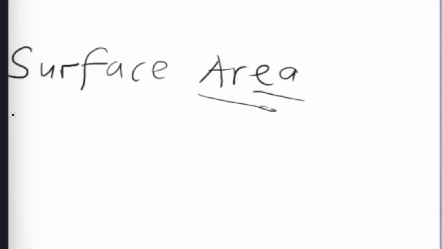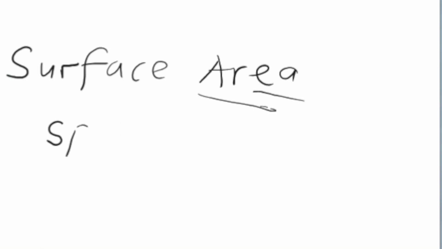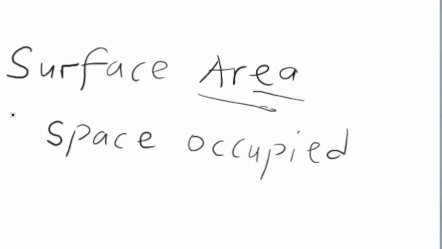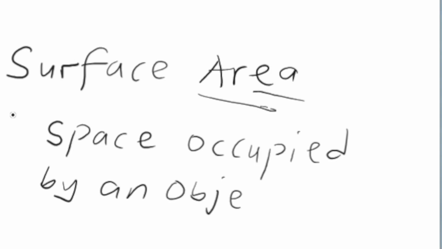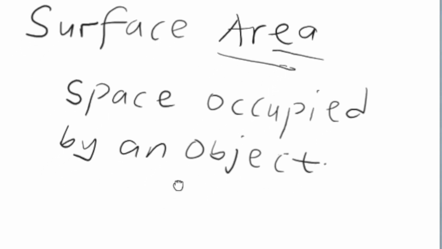If you talk of an area, area is the space occupied by an object. That is the area, the surface area that we are talking of. So the space that is occupied by an object is the area.